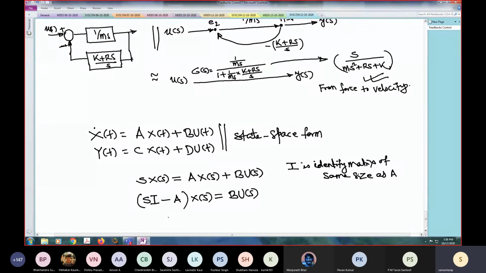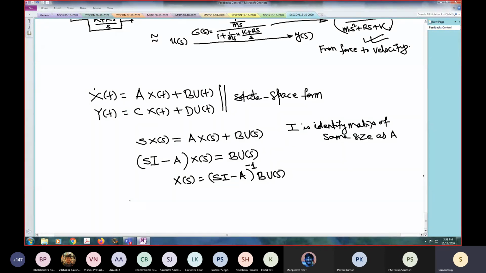So we get Xs is equal to SI minus A inverse B Us. So we have got this Xs. Now put this Xs into that Ys.